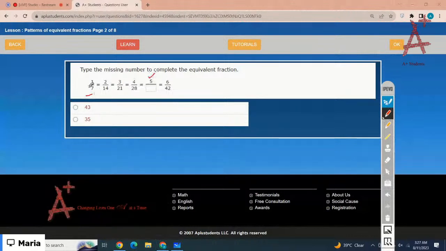Here you have 5. 1 times what number is 5? 1 times 5 is 5, right? That means you have to multiply this fraction by 5. So 1 times 5 is 5 and 7 times 5 is 35. So it would be 35.